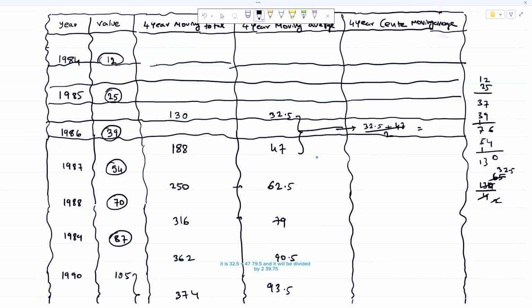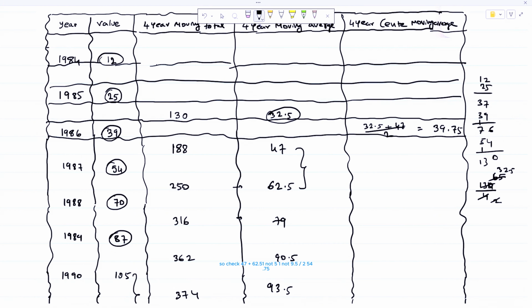It is 32.5 plus 47, 79.5, and it will be divided by 2, 39.75. Understood this one? And next, round this number and select the next 2 and do the same procedure. Next 2 values, select two values for each number, each time.